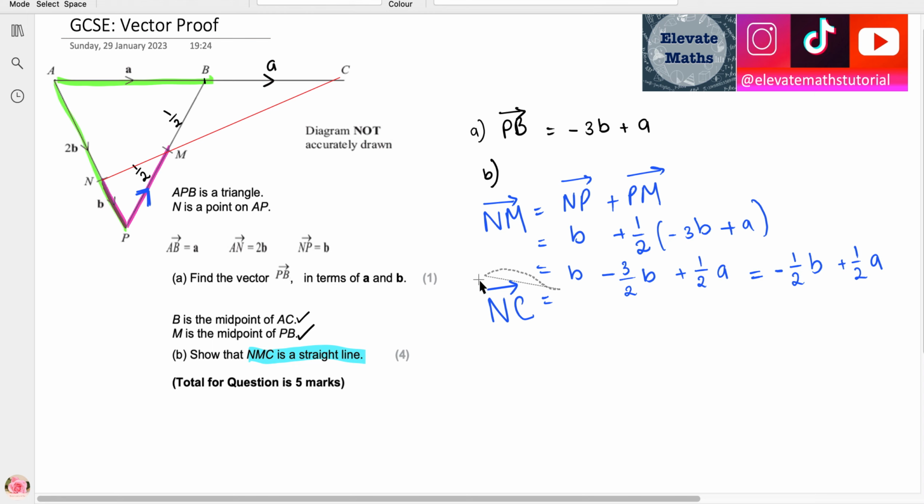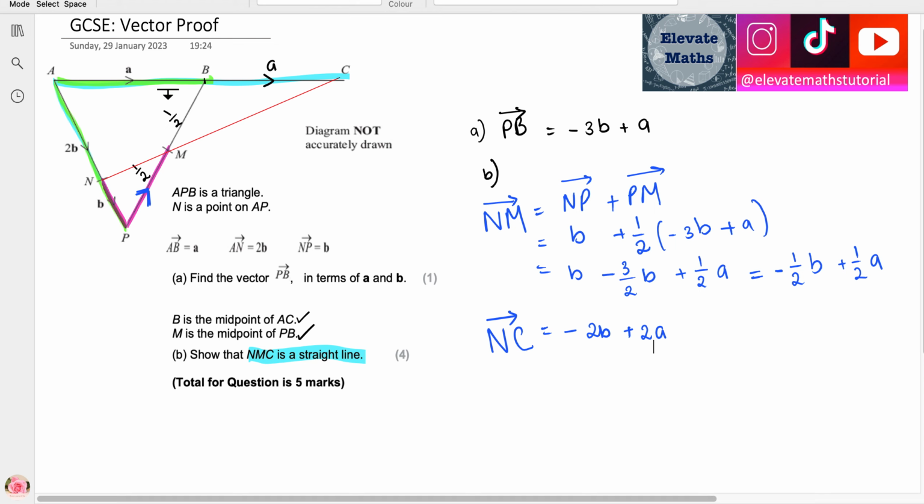The next one that we need to calculate is vector NC. Now, vector NC is going to be taken from N to A and then A to C. Okay, so N to A, again, we're going in the opposite direction, so it's minus 2B, and then A to C is going to be 2A.